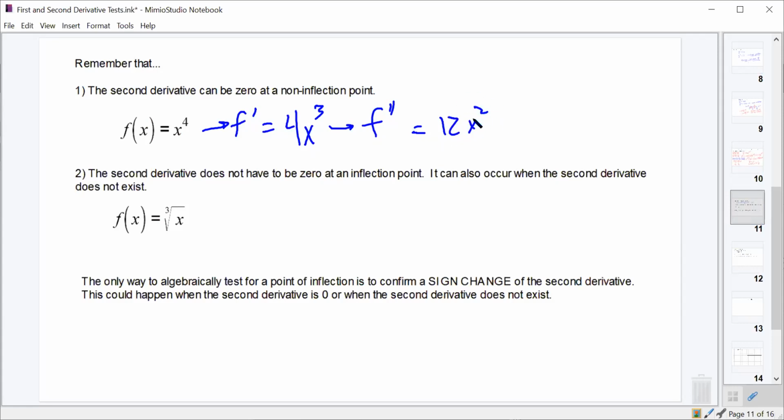Never undefined, but equal to 0 when x is 0. You make your sign chart, plug in a positive number and you get a positive, plug in a negative number and you get a positive. So we can see that it's concave up for the entire domain. Even though we had a place where the second derivative was equal to 0, it doesn't guarantee us an inflection. Everybody see that?